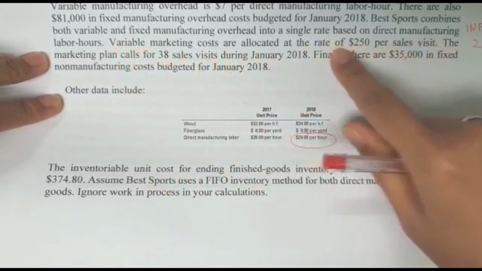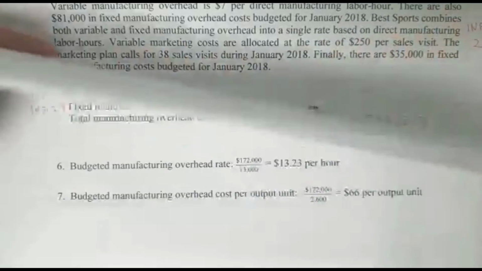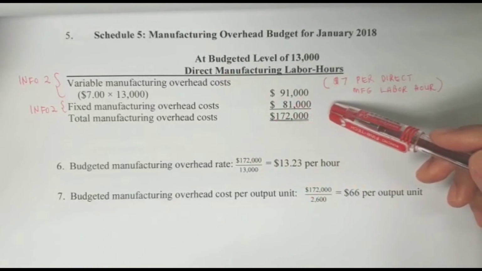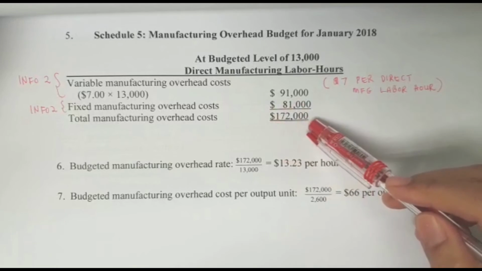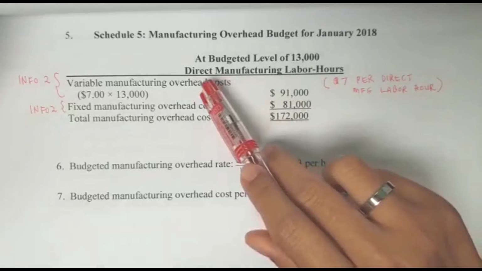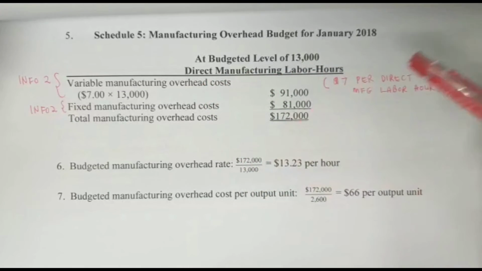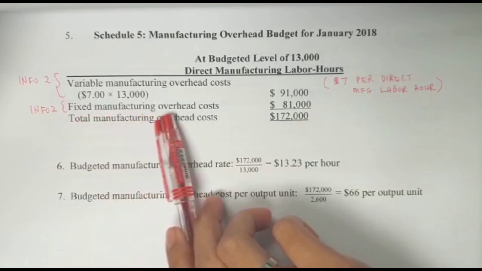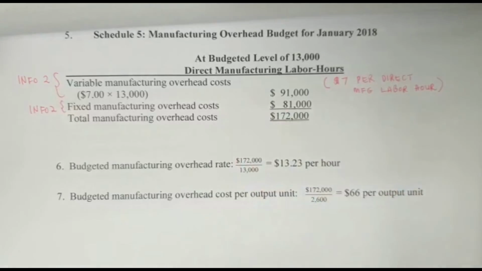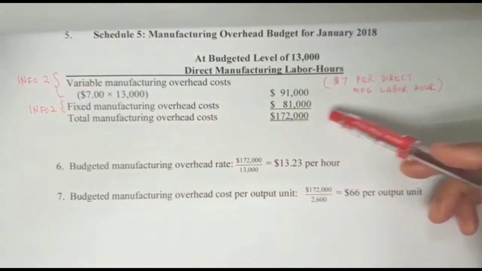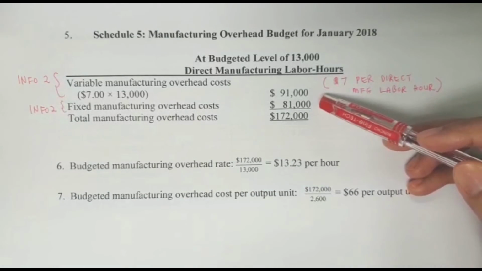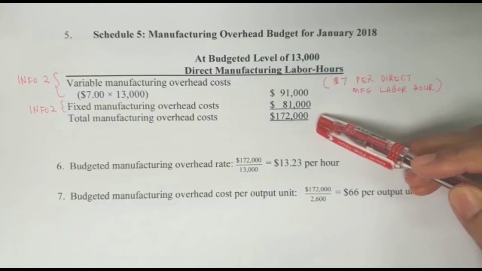So the base that they use to calculate variable and fixed manufacturing overhead, they combine both of them, and the base is the direct manufacturing labor hour of that 13,000. As for fixed manufacturing overhead cost, it is fixed regardless of the quantity that has been produced. So as given here, 81,000, we include 81,000.